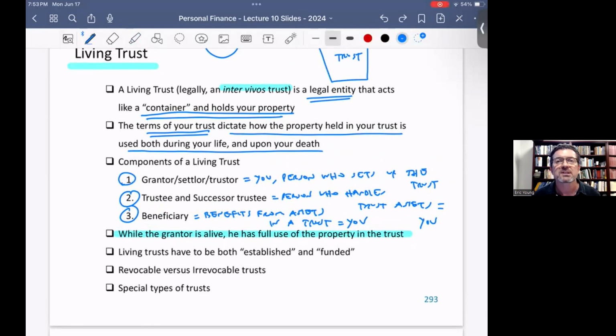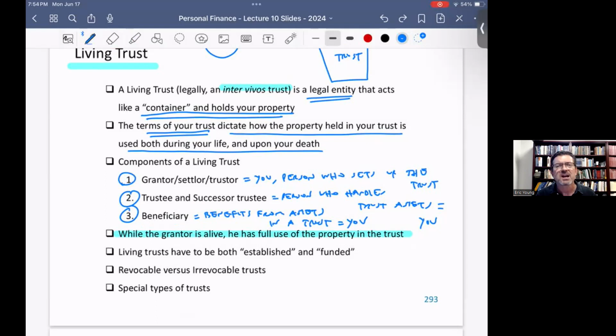So basically, a trust allows you to have full access over all of your assets, cash, property while you're alive. And then the moment that you die, you're gone. The trust then still fully owns the assets, and the successor trustee that you nominate has access to those funds to distribute those funds and assets to the other beneficiaries that you nominate.